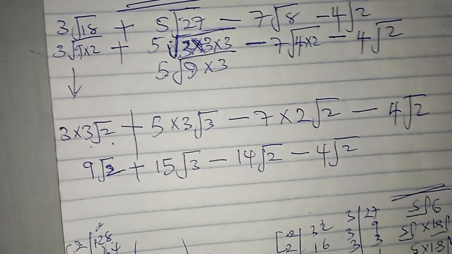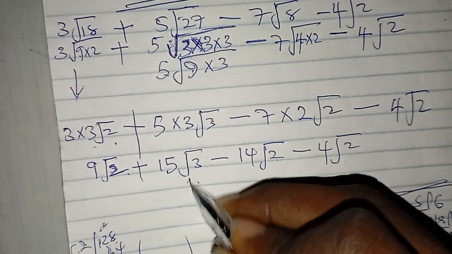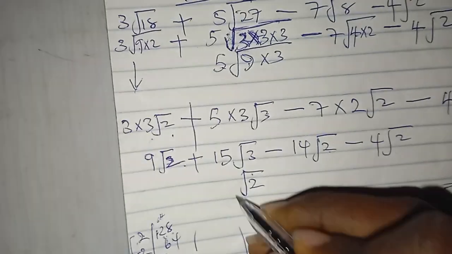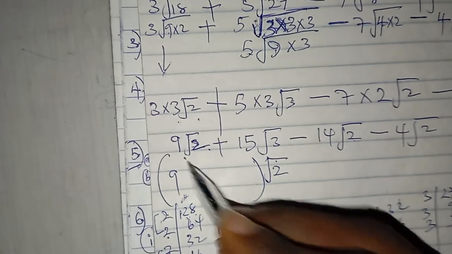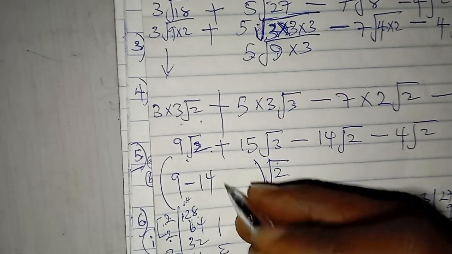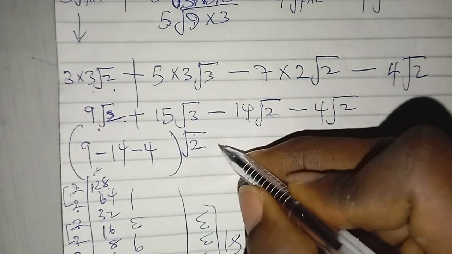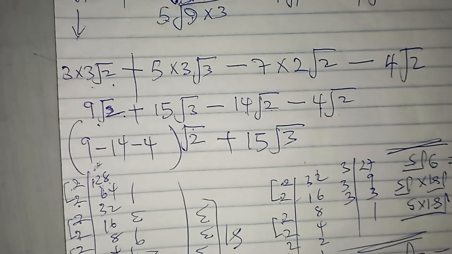So all the root 2's are similar sorts, so just bring them together. So I have root 2. I see 9 here, before this one I see minus 14, then before this one I see another minus 4. Then I now have plus 15 root 3. So let's do it.